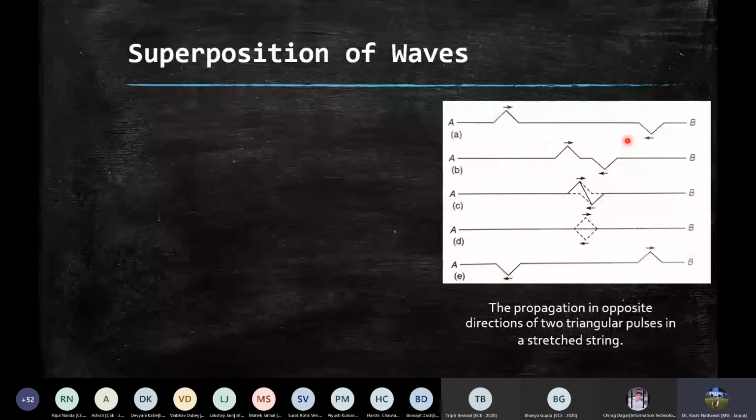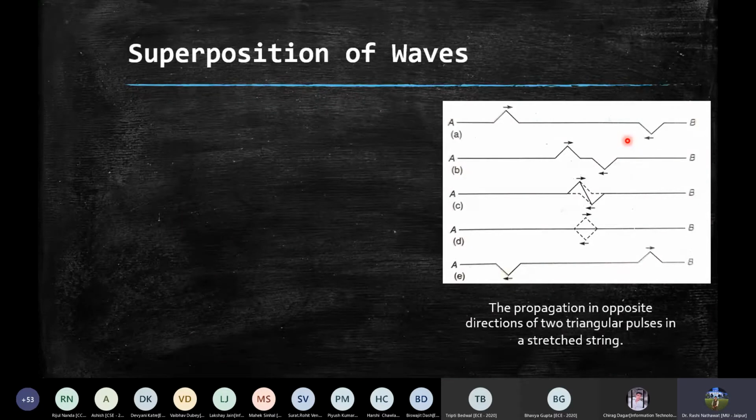I showed you a GIF image yesterday of water waves, where you drop two stones in a quiet pool. You can see the waves generating and superimposing. When they superimpose on each other, they make a pattern, and that pattern is called the interference pattern.